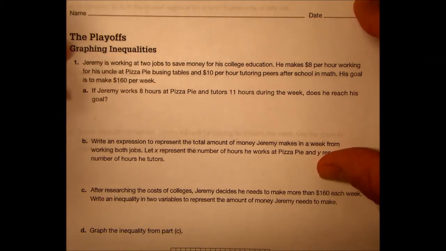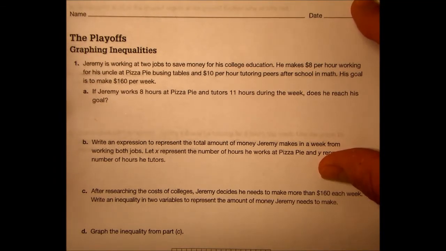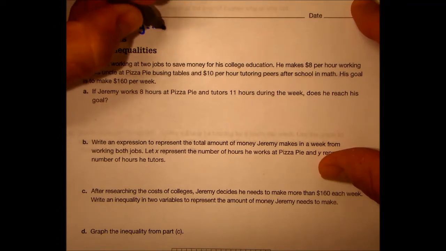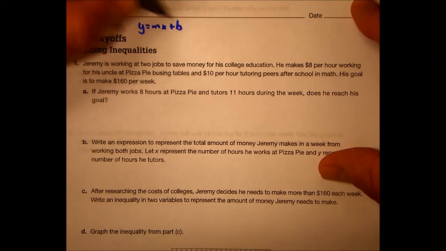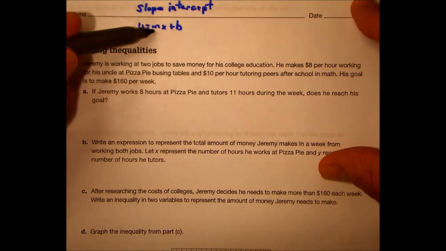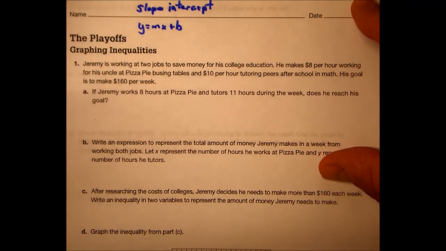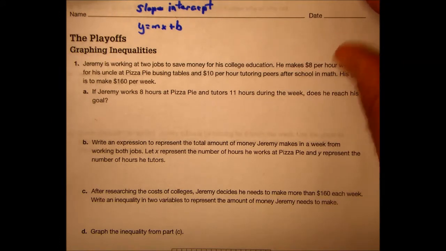So I'm going to write my equation in which form? Remember, my 2 forms are y equals mx plus b, which is called slope-intercept. The reason it's called slope-intercept is because this number in front of x is the slope, and this number at the end, the number without the x, is the y-intercept.